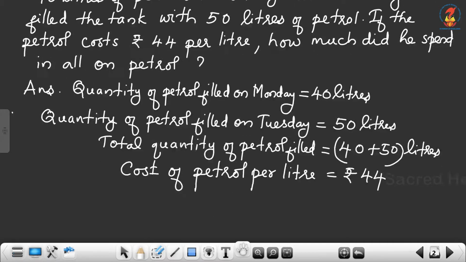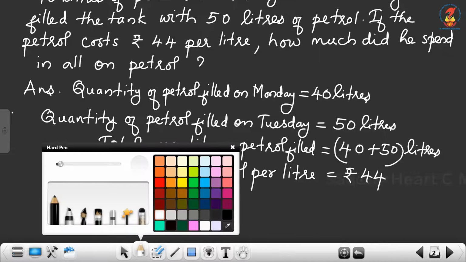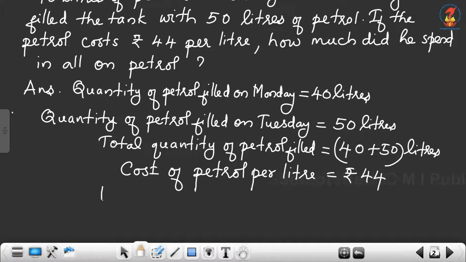Now, we have to find the total money spent. Therefore, total money spent is equal to 40 plus 50 liters of petrol, that is the total quantity of petrol, and for 1 liter it is rupees 44.